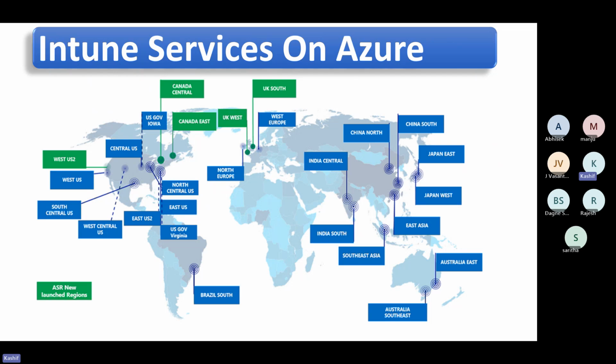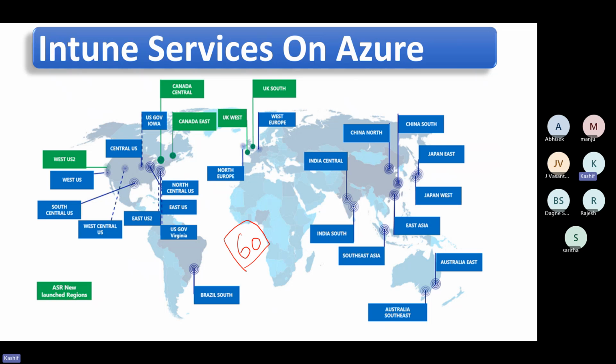So your Intune services are basically running on Azure data center. Azure data center is present in almost 60 countries now. Almost in 60 countries in North America, South America, in European countries, in Africa, right? In Gulf countries, India, China, Australia, almost everywhere you will find your Azure cloud data center.